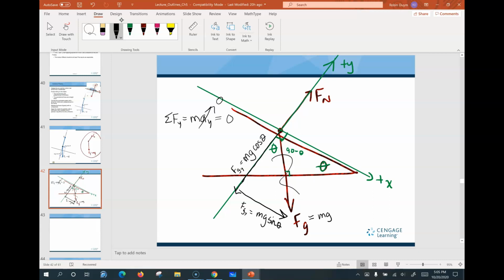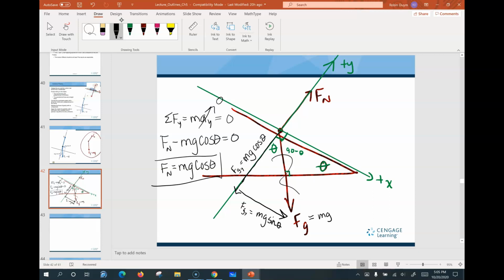Looking at our free body diagram, we have the normal force minus mg cosine theta is equal to 0. So the normal force in this case is going to be equal to mg cosine theta.